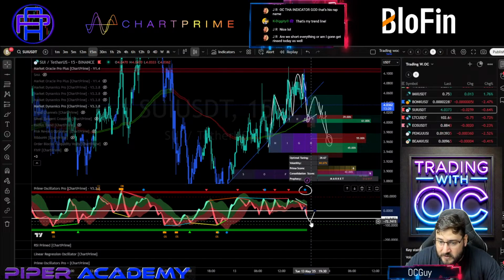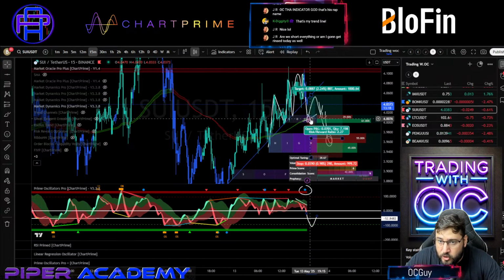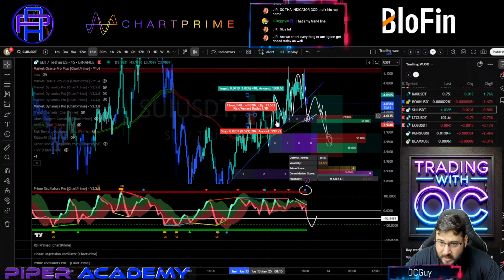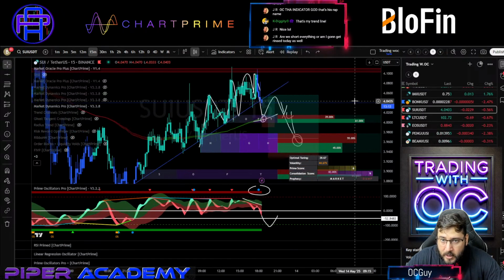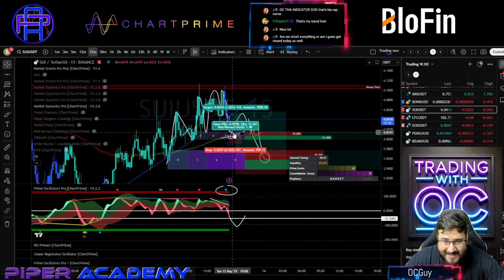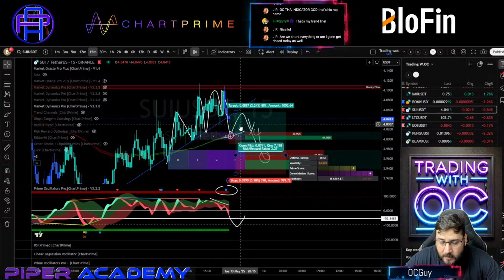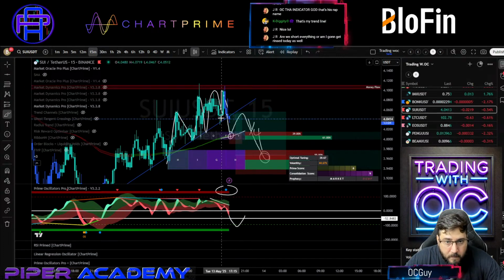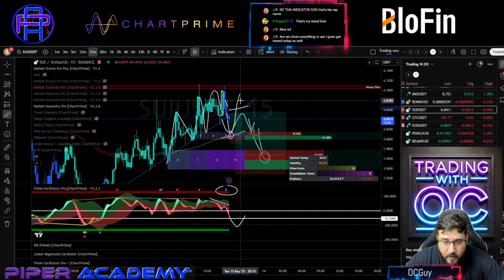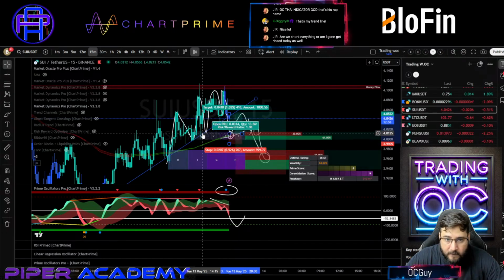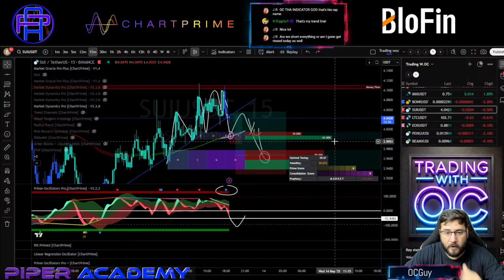If that flip of the ribbon doesn't happen, wait. Do not take this entry if we don't have the flip of the ribbon. If on the contrary it's taking too long and then you see a bounce, wait for that bounce. And once we are back above here, then you enter. That is if you miss this entry, if it's just too slow. But so far, that's going to be it.